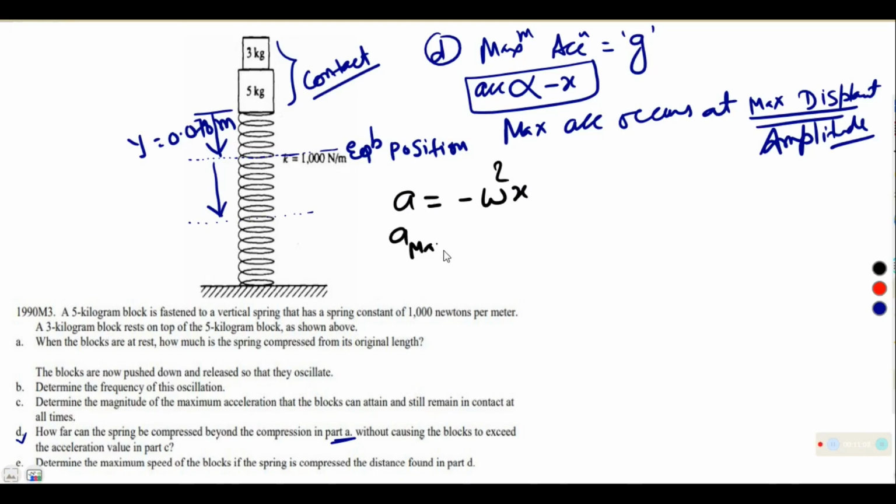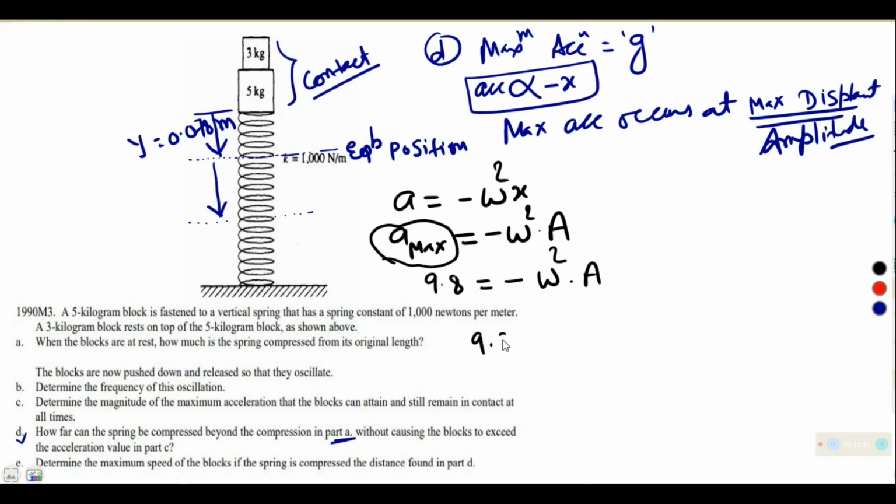So what will be the maximum acceleration? Maximum acceleration will be minus omega square into A. We know the value of A max for which both the blocks will remain in contact: 9.8 is equal to minus omega square into A. We also know for simple harmonic motion, omega square is equal to k by m.